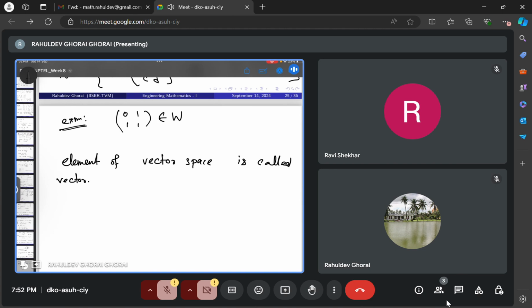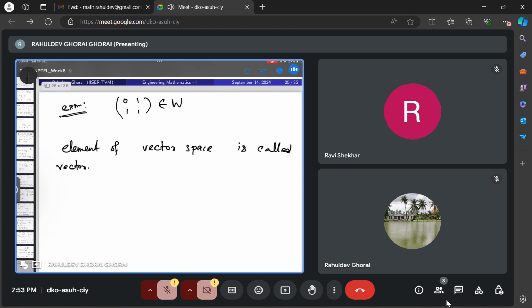If a matrix is an element of a vector space, then the matrix will be a vector. And any function which belongs to a space of functions that is a vector space is also a vector. It means any element of a vector space is called a vector.